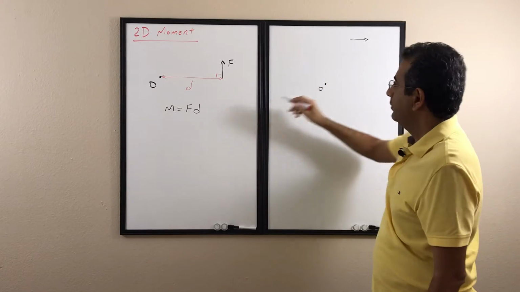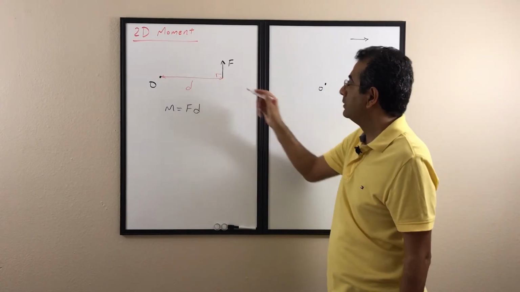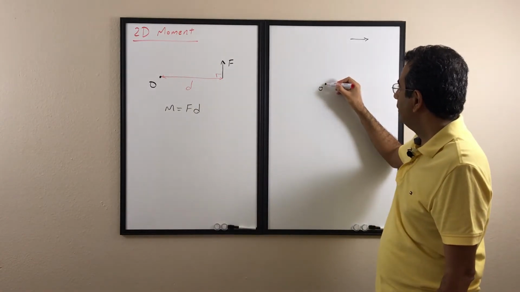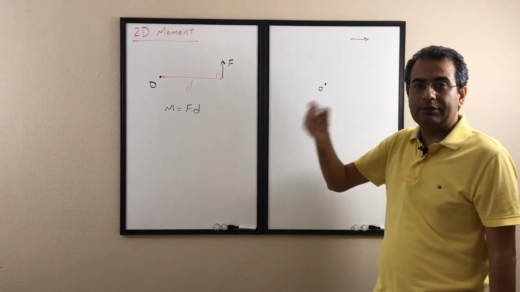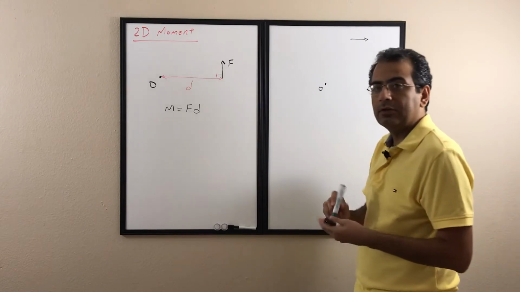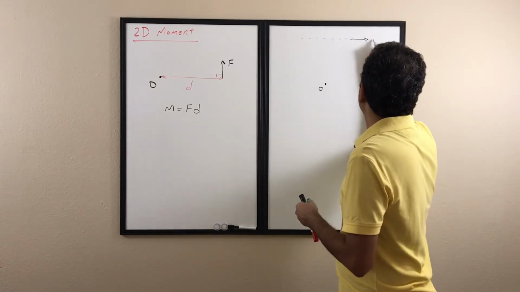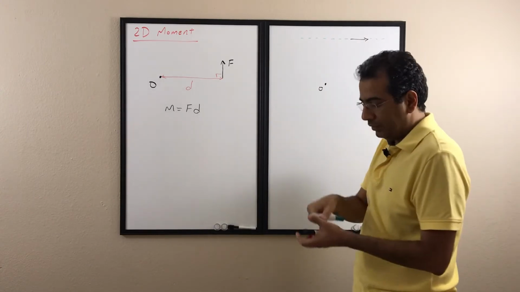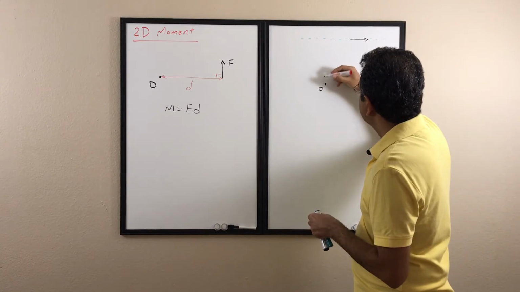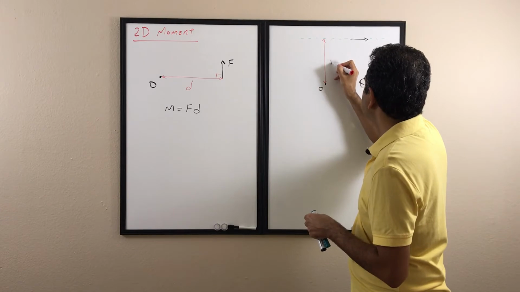The angle should always be 90 degrees, so it should be normal to the force. When we cannot directly connect the point to the force and get the normal line to that force, what we do is extend the line of action of the force. Then we draw that distance from the point to the line of action with the normal angle. So this is going to be D.